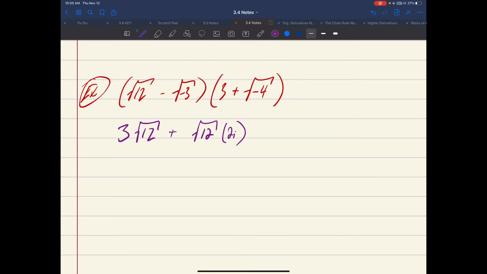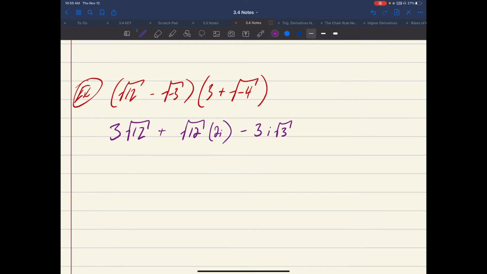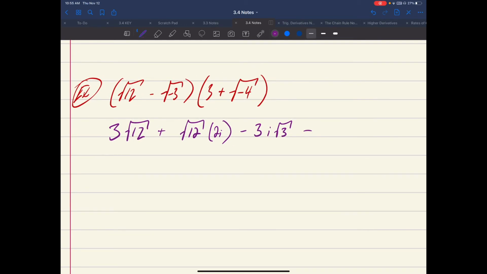With the next part, it would be -3 times i√3, so I can take the i out, but leave the √3. And then our last term would be negative i√3 times 2i.